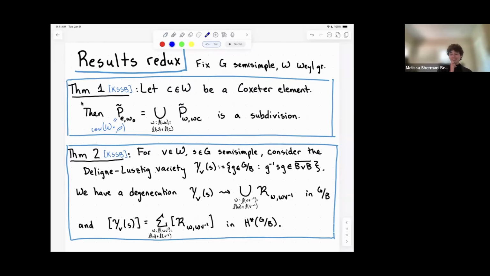So those two things might be related. I think people are working on positive tropical flag varieties in other types. And all of the examples I've done seem good. They don't tell me that there shouldn't be an analogous result in arbitrary types, but no one has actually worked it out.